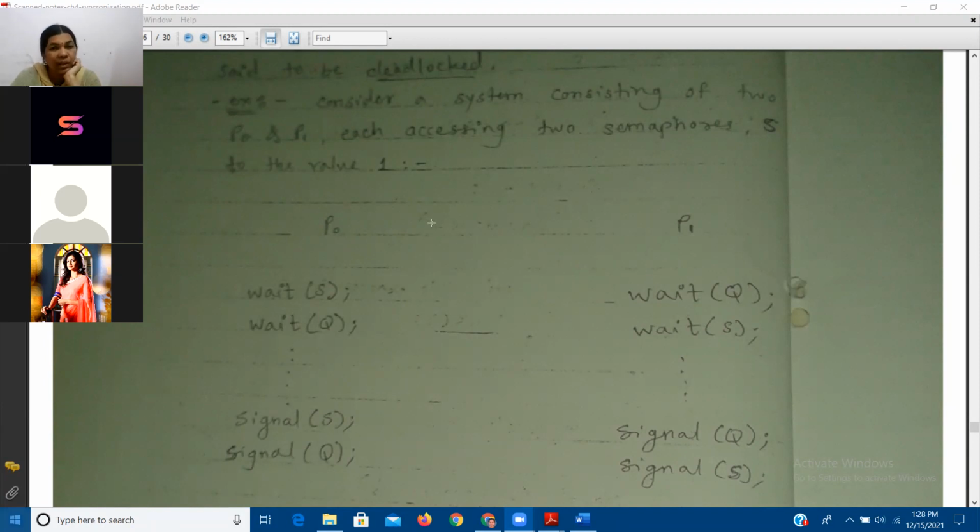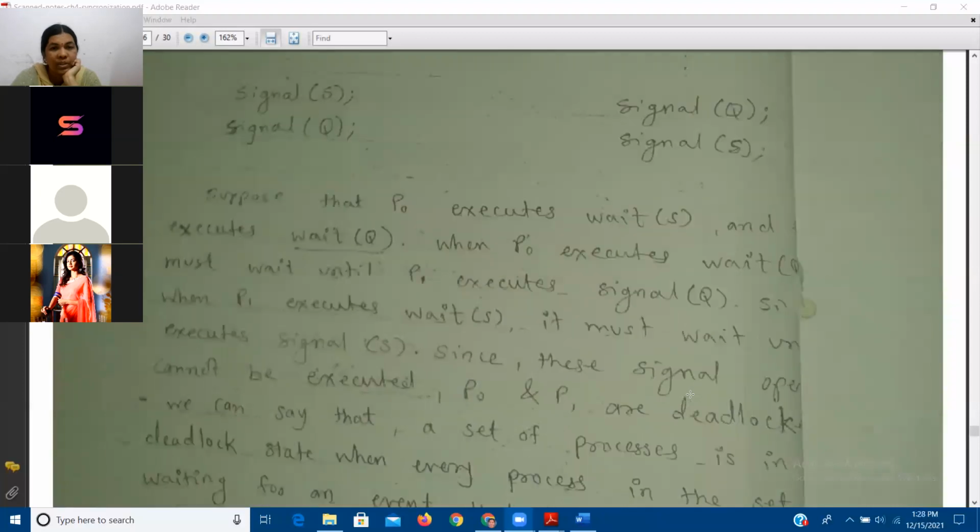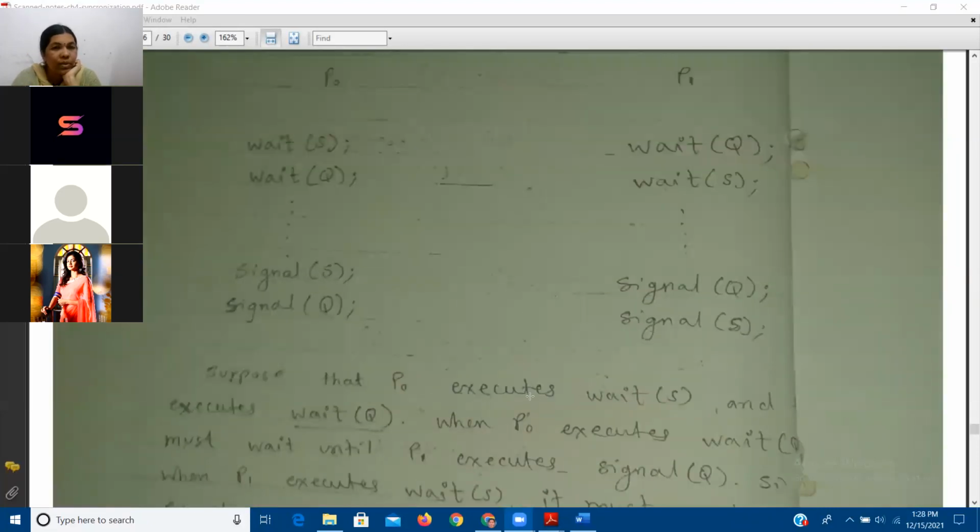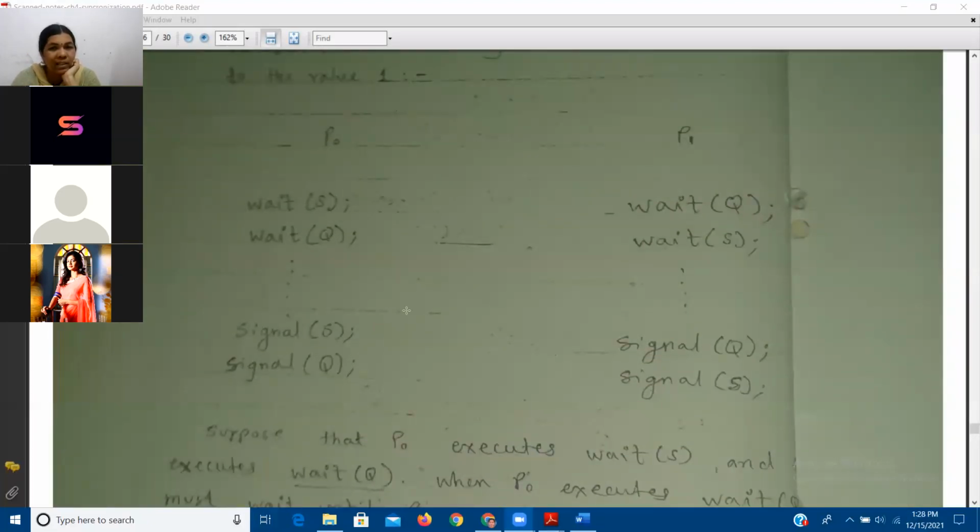So this may occur in the case of semaphores. Suppose that P0 executes wait S and P1 executes wait Q. When process P0 executes wait Q, it must wait until P1 executes signal Q. That is, P0 is waiting for S, and when P1 executes signal S, only then P0 is able to complete.